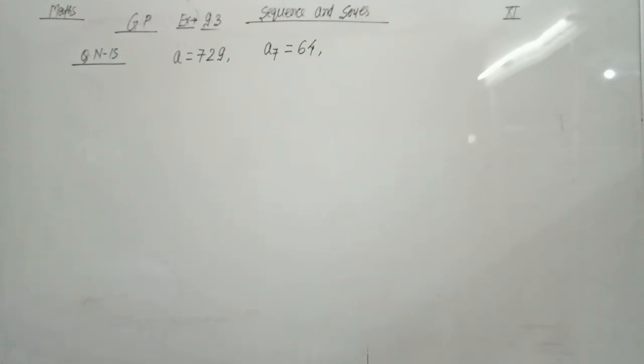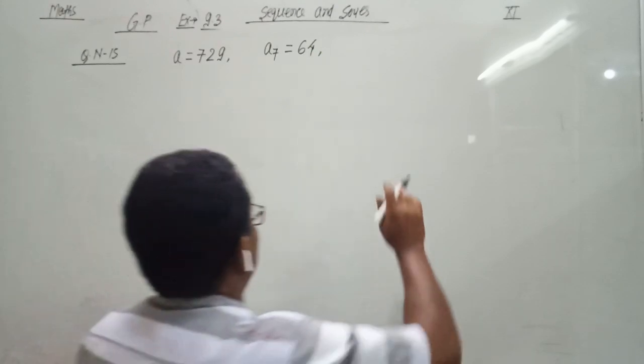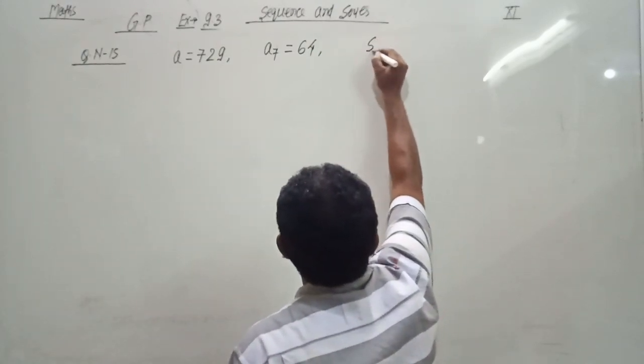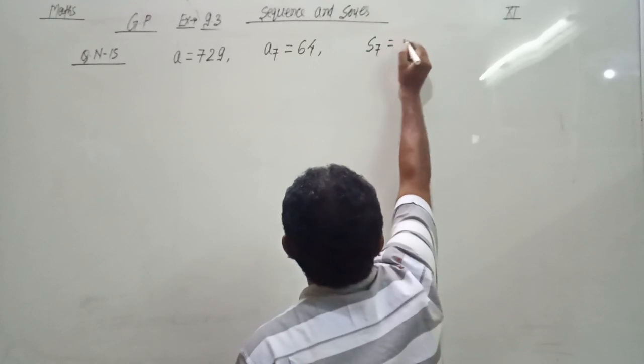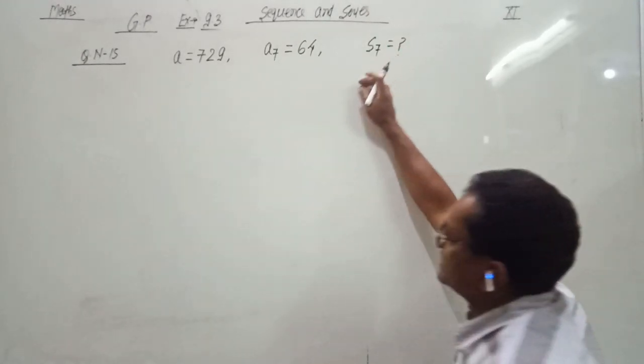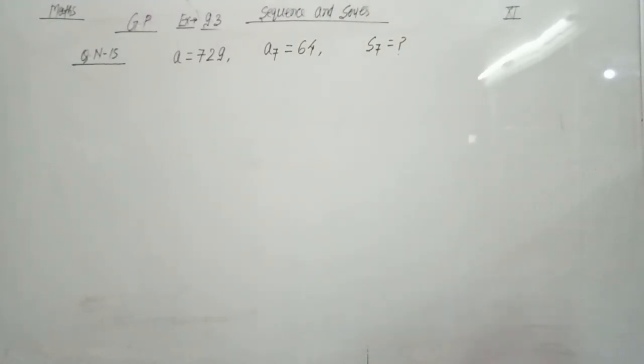And we have to calculate S7, the sum of 7 terms of a GP. The first term of the GP is 729. The seventh term of the GP is 64.